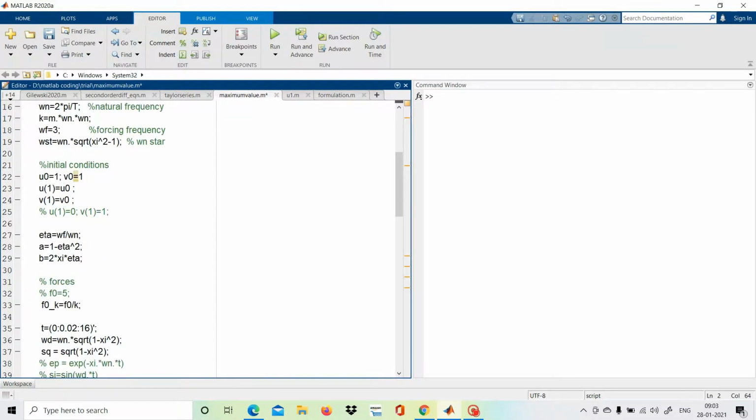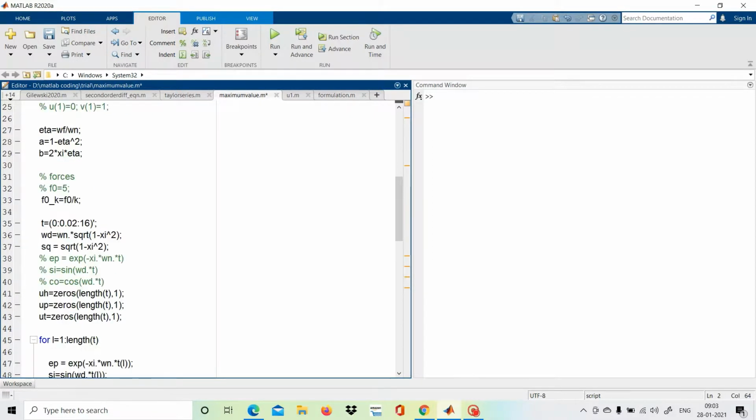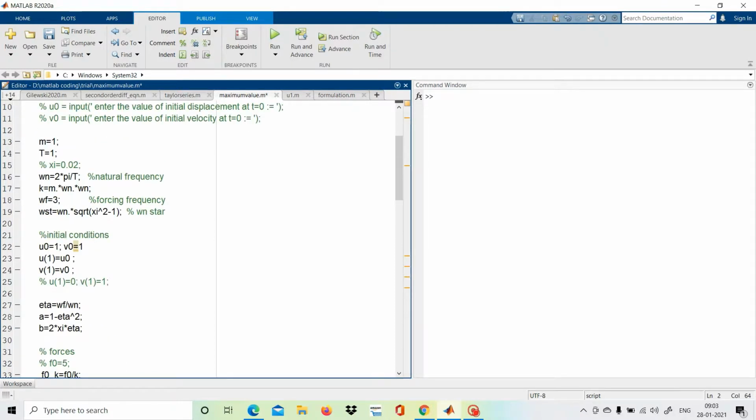Now eta we have considered as omega f upon omega n, so it would be useful for the second case we will study later. And this t is the time duration, which is different from the time period, which was capital T.